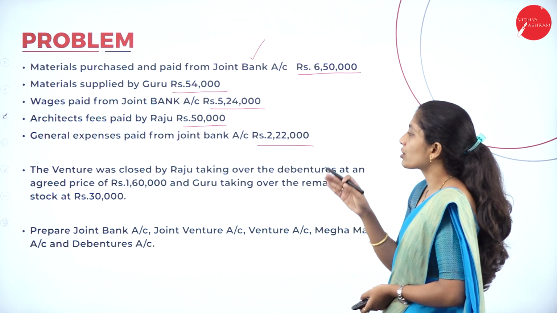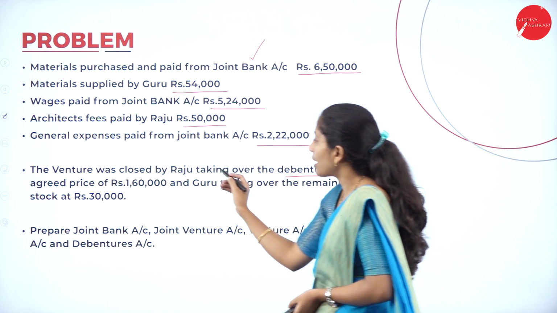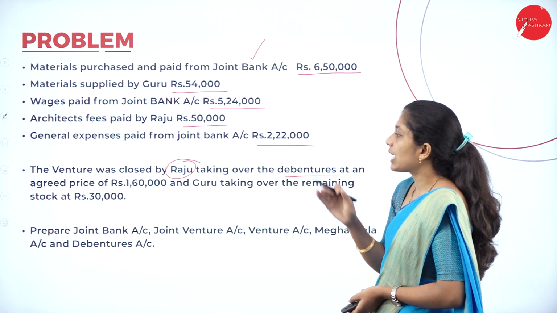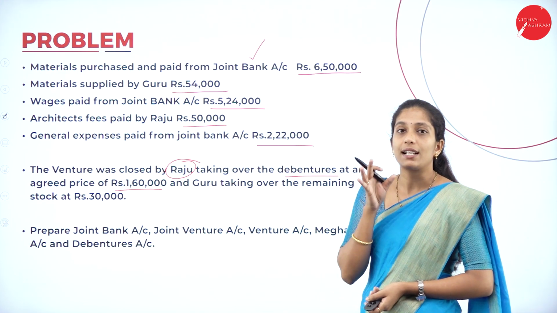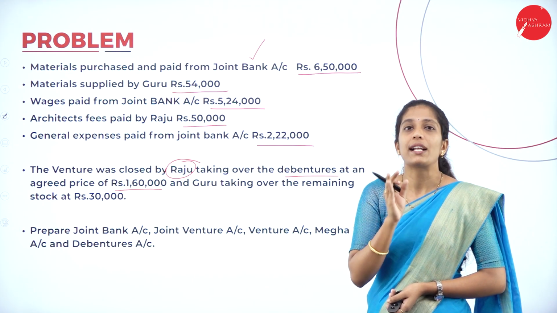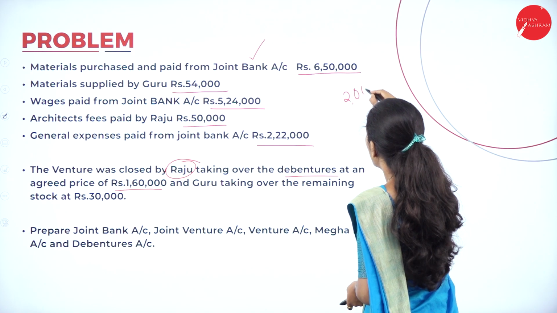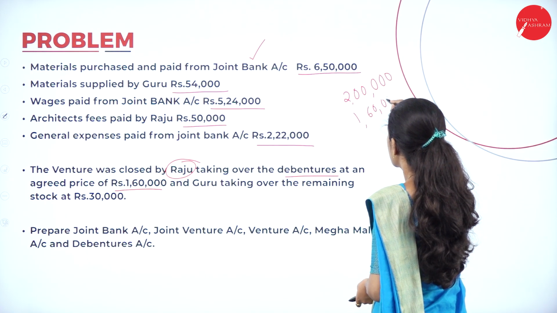The venture was closed by Raju taking over the debentures at an agreed price of 1,60,000. So the total debenture is 2 lakh, but he has taken over for 1,60,000.